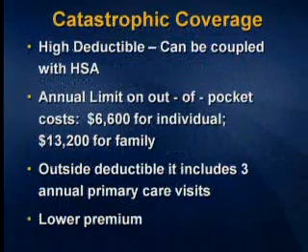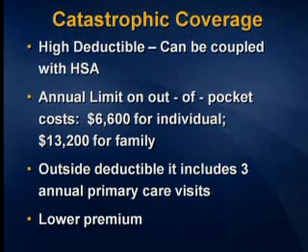There's also something for people under 30. It's a catastrophic coverage plan. Now, you can couple this with a health savings account, which was set up by federal law, and it allows you to put money in tax-free in an account, and your employer can also put money in the account, and then you own that account.